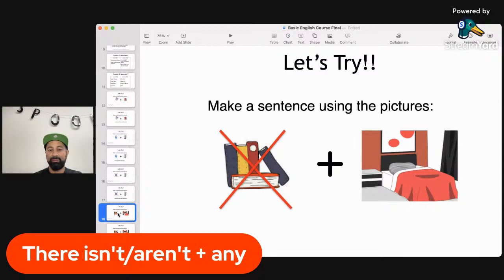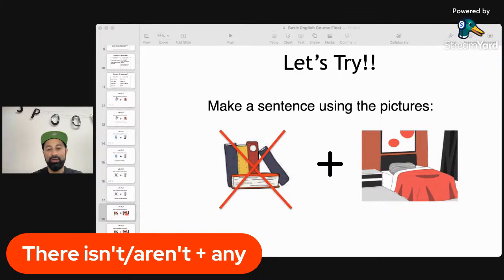Next. Again, we've got that big X there, so that means we're making a negative sentence. Please tell me what the noun is. Tell me the location. Make a sentence. This is negative, so we're going to be using either there isn't or there aren't.